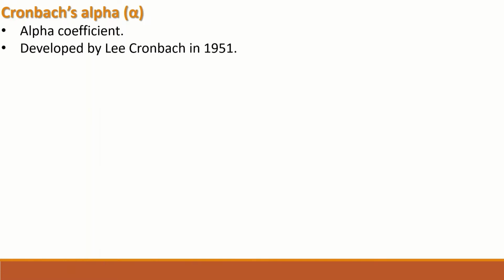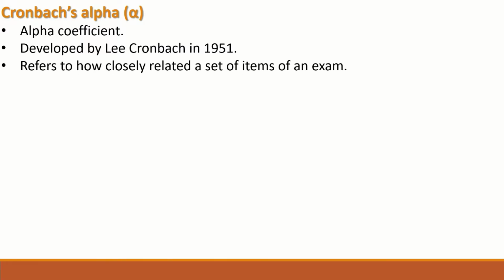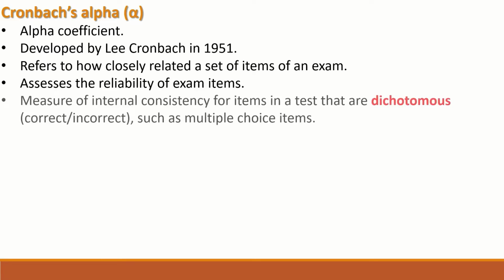Cronbach's alpha, or equivalently called the alpha coefficient, was developed by Lee Cronbach in 1951. It refers to how closely related a set of items of an exam are. It assesses the reliability of exam items.